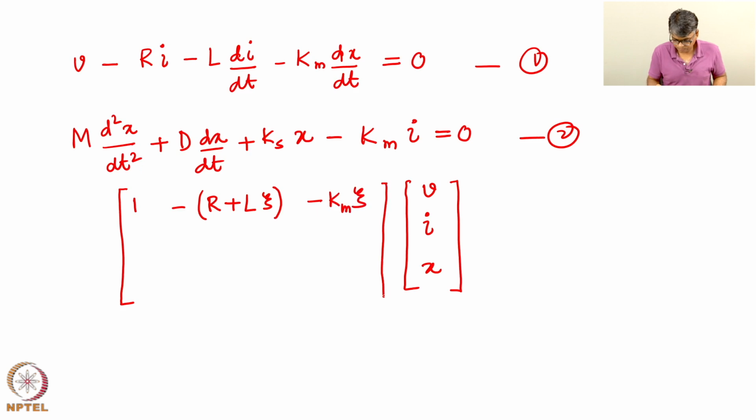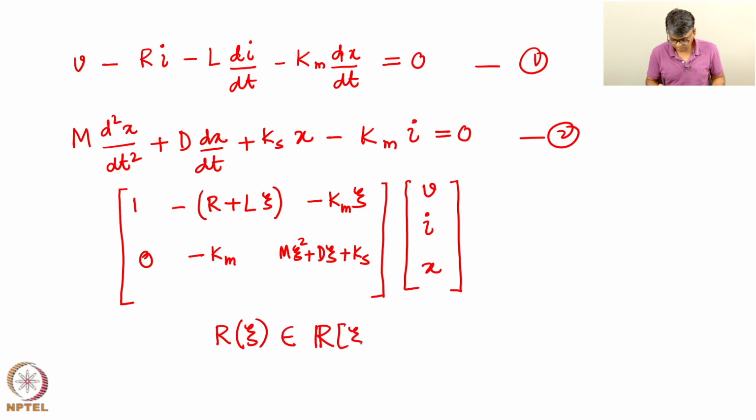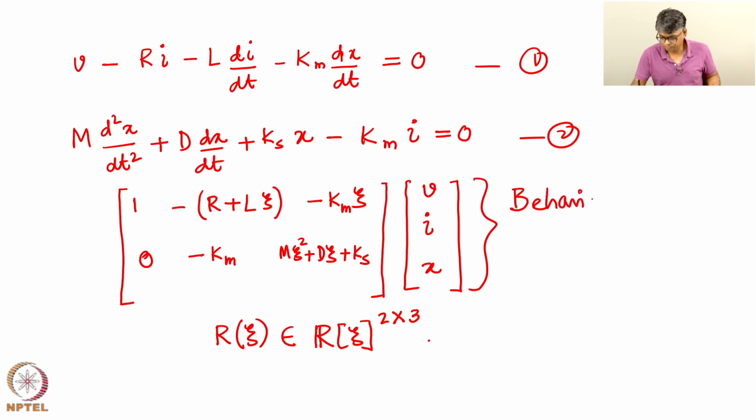That's the first equation, and the second equation is minus Km here, 0 here, and m xi squared plus d xi plus ks. So this is my polynomial matrix R of xi. In this case, the size of this matrix is 2 cross 3. So these are my behavioral equations, kernel representation equations.